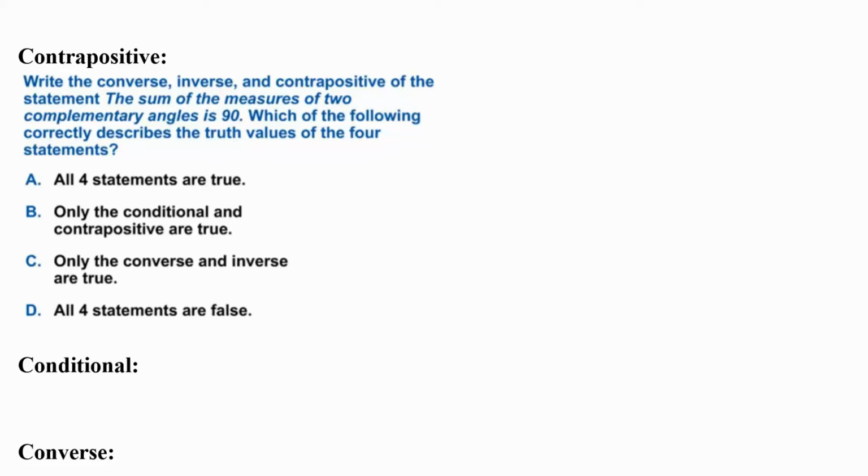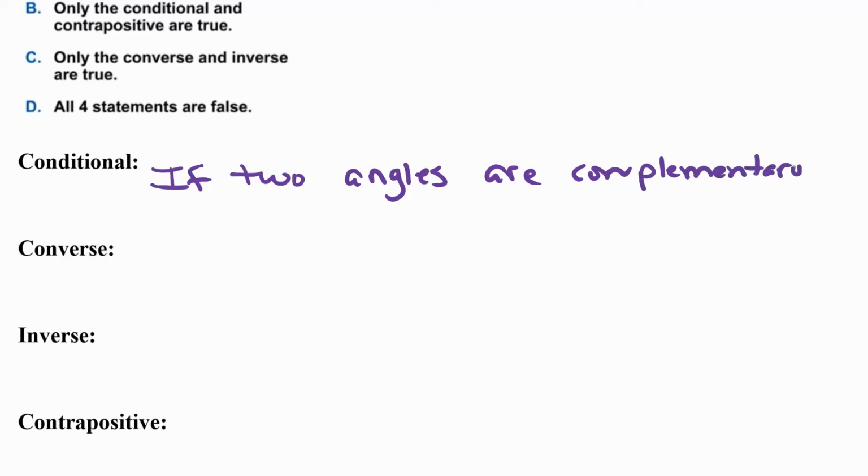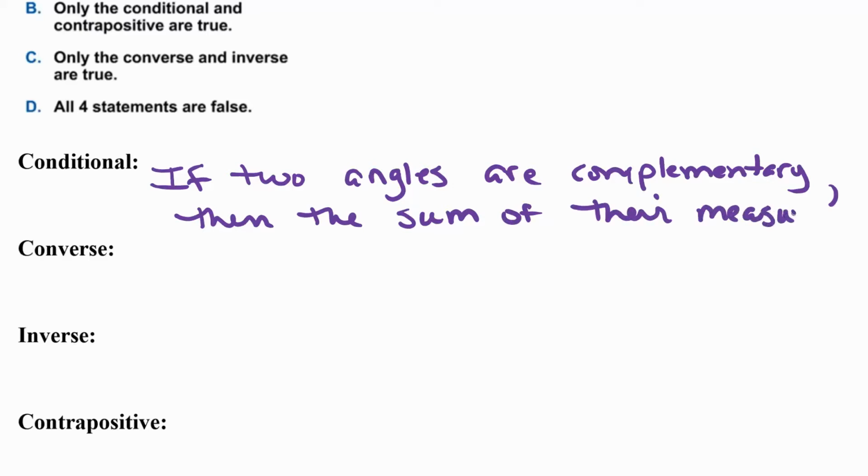The statement we're going to look at this time is the sum of the measures of two complementary angles is 90 degrees. So to write the conditional, if two angles are complementary, then the sum of their measures is 90 degrees. And that's a true statement.